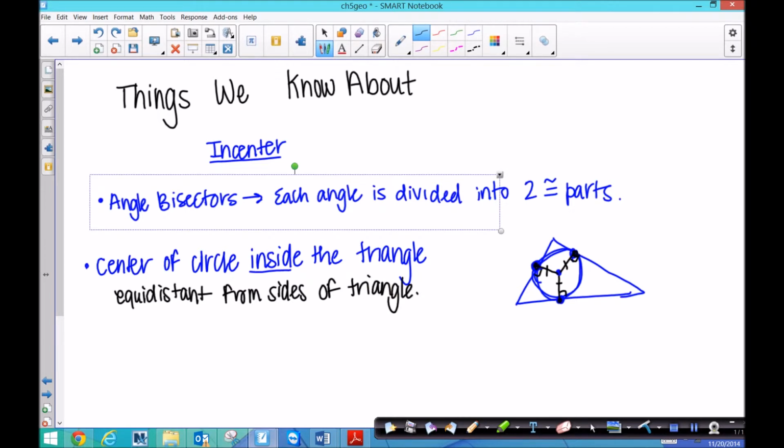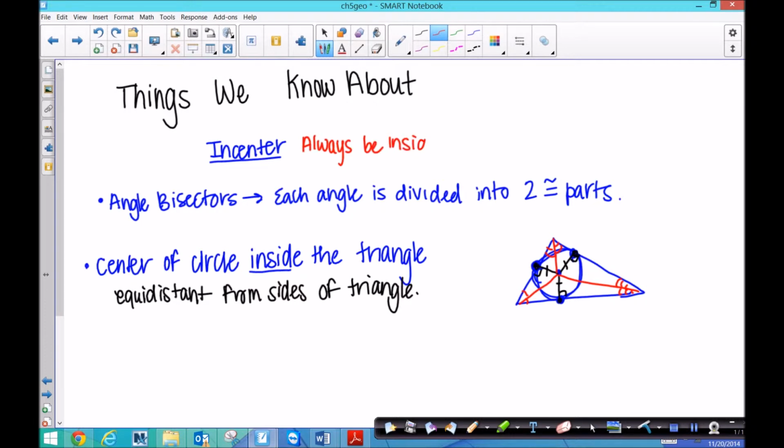All right. Something else that we may want to think about when we are making the incenter is we do know that each of these angles will be bisected. And also, since the circle has to be inside the triangle, the incenter will always be inside the triangle.